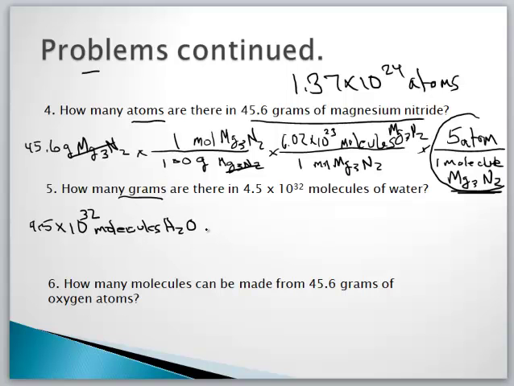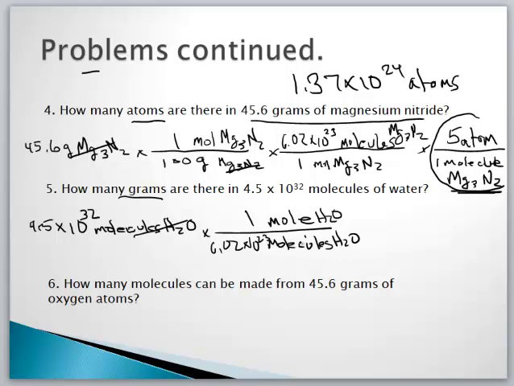So let's do our first conversion. Molecules of water. Now if we're converting molecules, the only thing that we can go to is moles of water. And what we'll say is 1 mole of water contains 6.02 times 10 to the 23rd molecules of water.